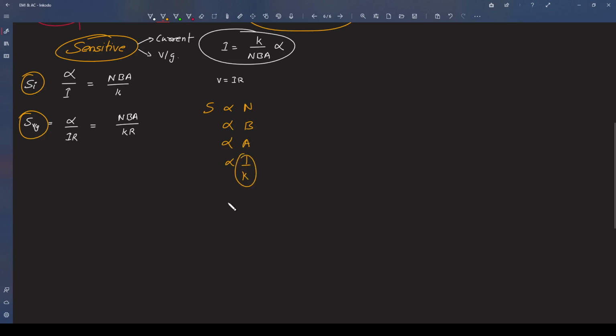So more spring constant, less sensitive galvanometer. That's why we need a highly sensitive device, so that even for a very small value of current, there is a good amount of deflection.